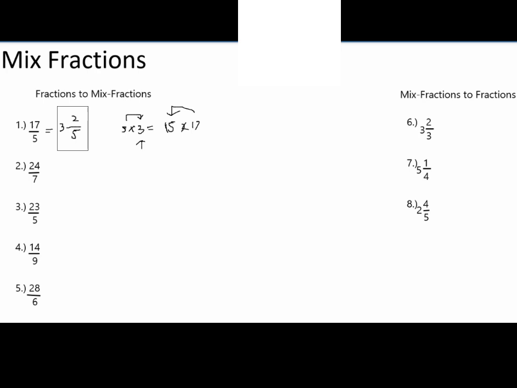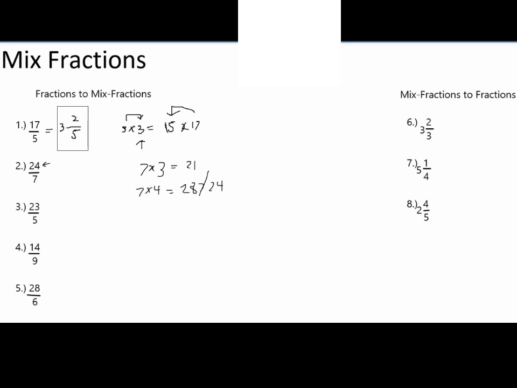So now we're going to do number 2. As you can see, we have 24 over 7, and we're going to multiply 7 times 3, because 7 times 3 is 21. It is less than 24. Compared to 7 times 4, which is 28, and it's greater than 24, which means we're not going to use 28.